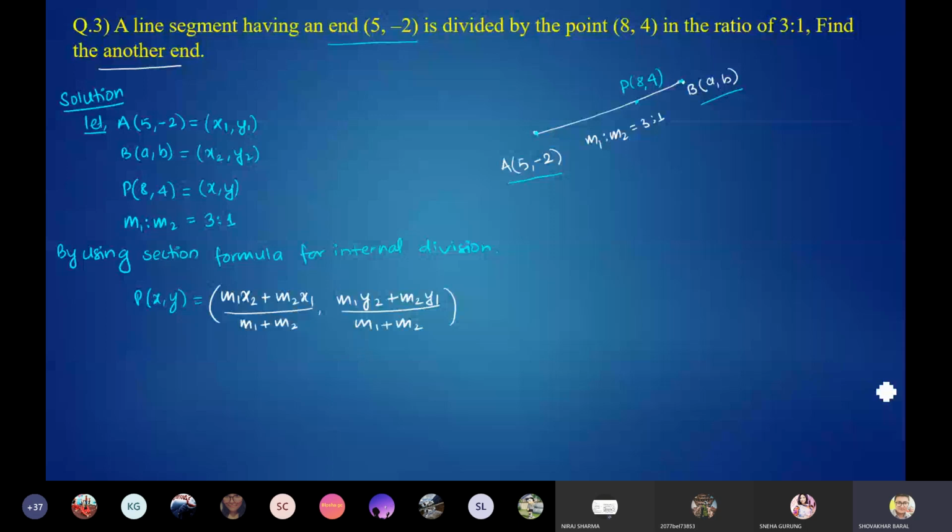So m1 x2 plus m2 x1 by m1 plus m2. Let's replace the values here. The coordinate of x comma y is 8 comma 4.